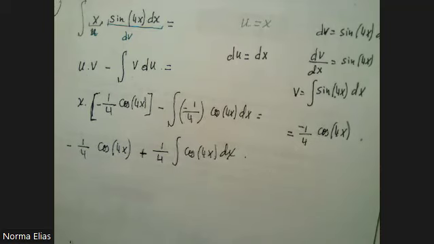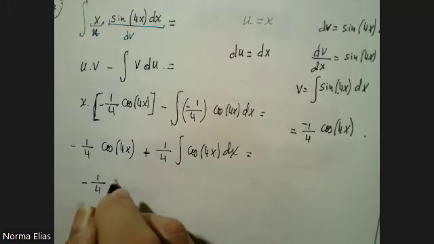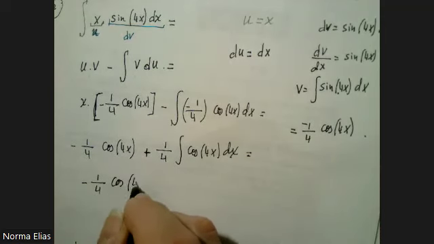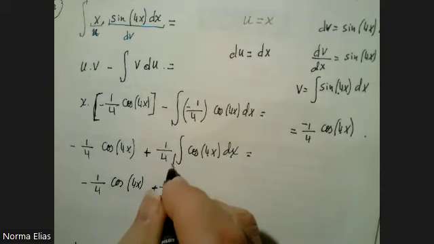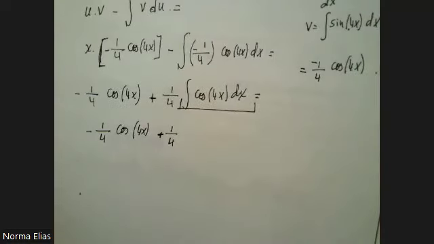I keep going. So finally, this is going to be equal to minus x over 4 cosine of 4x, plus 1 over 4 times the integral of cosine 4x dx. As I said, I want you to kind of memorize those because of how often they show up.